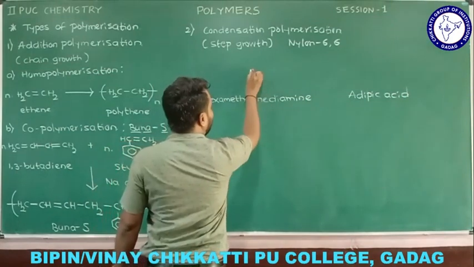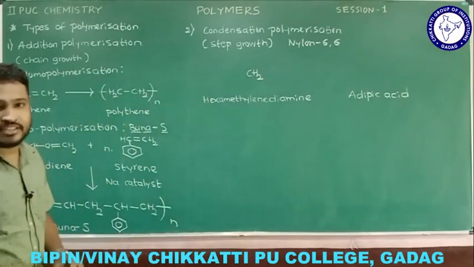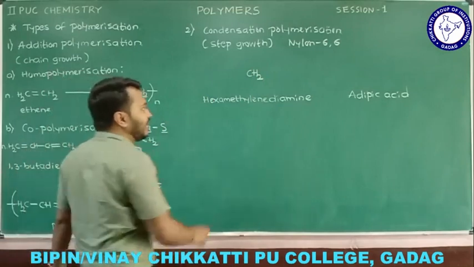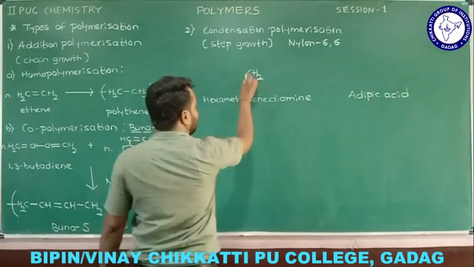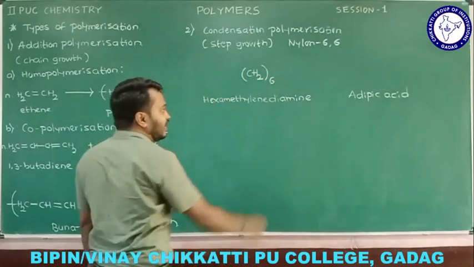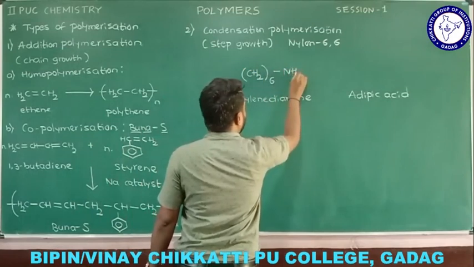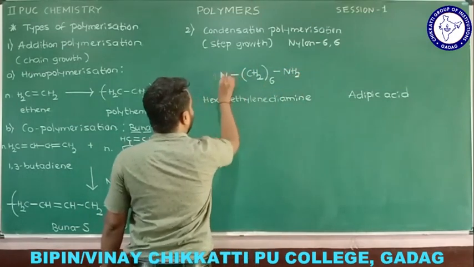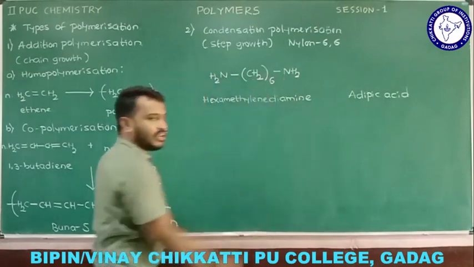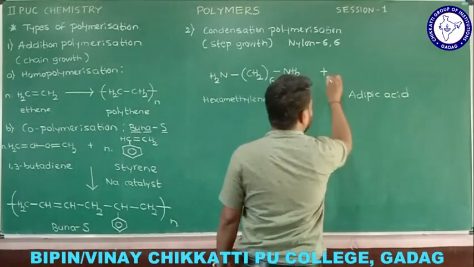Methylene, okay, and I hope you know CH2, we call it methylene, CH4 methane, CH3 methyl, CH2 methylene. Hexamethylene: hexa 6 methylene; diamine, 2 amine. So therefore bond NH2 here and bond NH2 here, hexamethylene diamine. Okay, you can remember like this. And one more is, what is that?